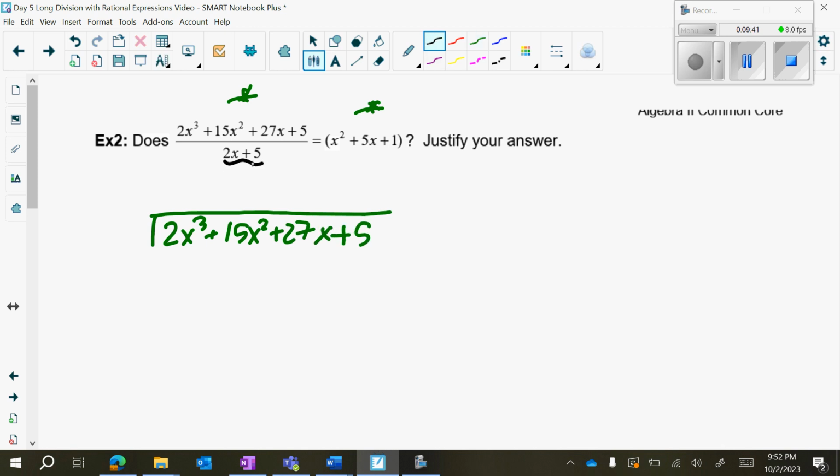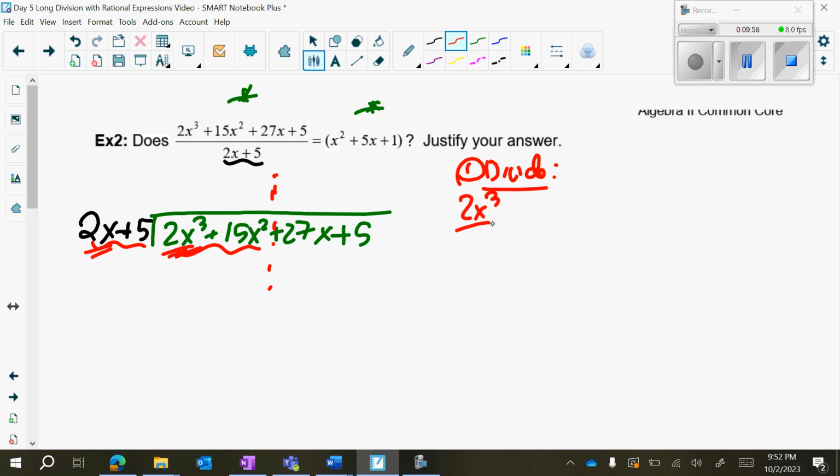And then the divisor is going to go on the outside. All right, take it one step at a time. Take only 2 terms. Step 1, divide. Just divide 2x cubed by 2x. What do we get? I'm hoping you're going to say x squared.